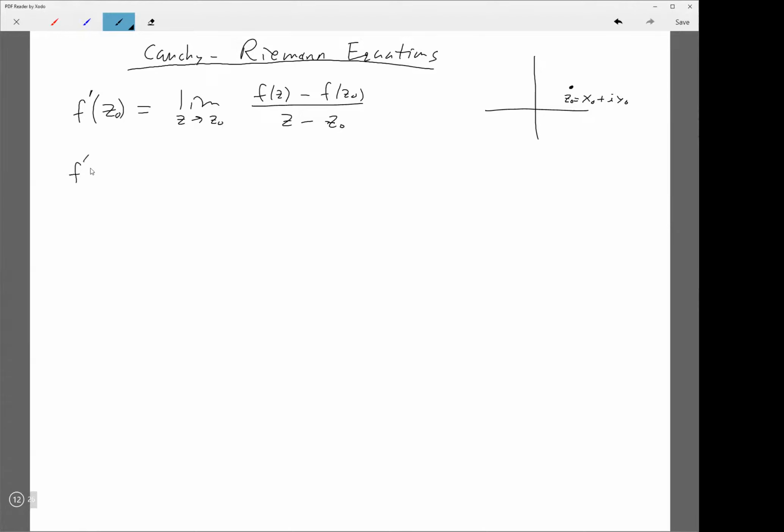So another way of writing the derivative would be the limit as x y goes to x naught y naught of f of x plus i y minus f of x naught plus i y naught, and down here we're going to have x plus i y minus x naught plus i y naught.